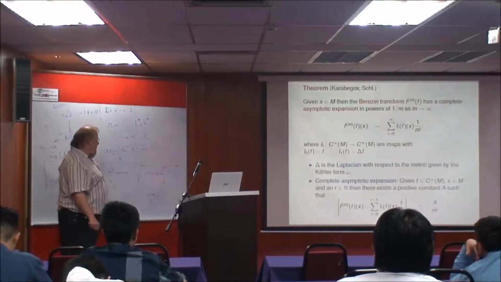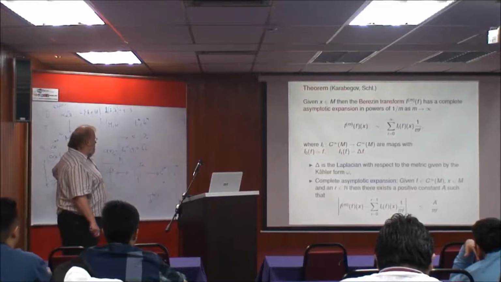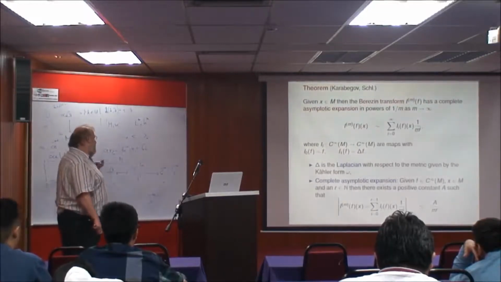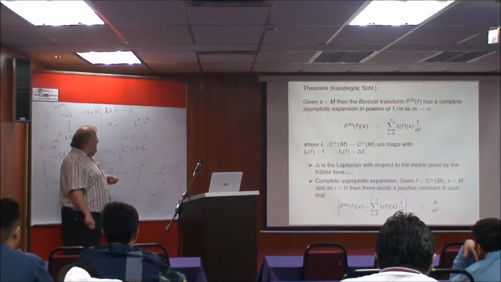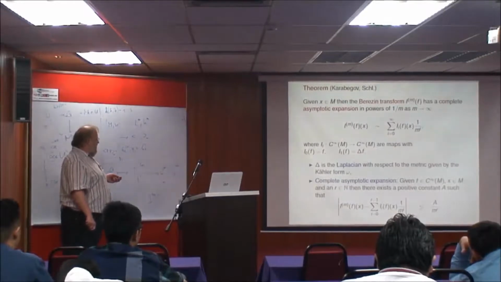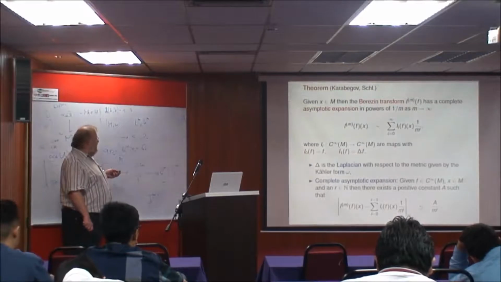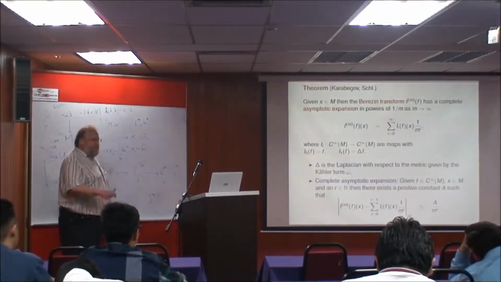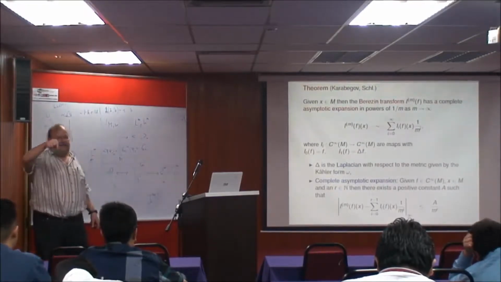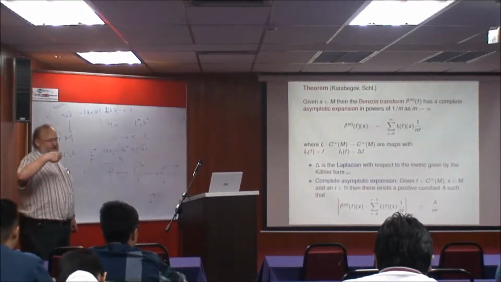So, maybe I should have tried to get rid a little bit of some of the words here, just not to overload this, but okay, this is now the complete formulation. The statement is the following, that indeed, this I_m F, with respect to a given x, I fix an x on the manifold, and then I study the asymptotic expansion.